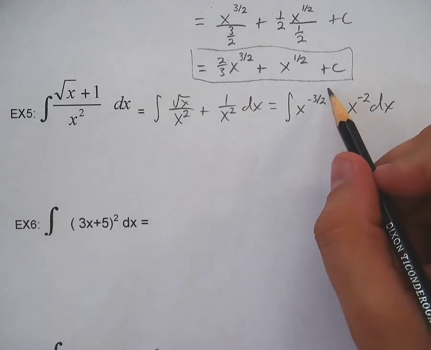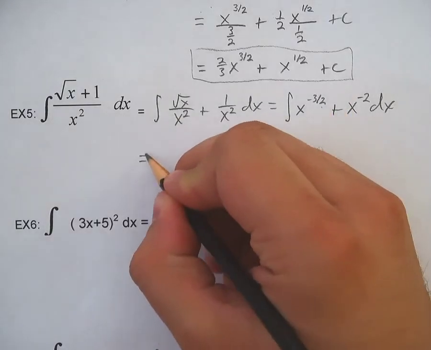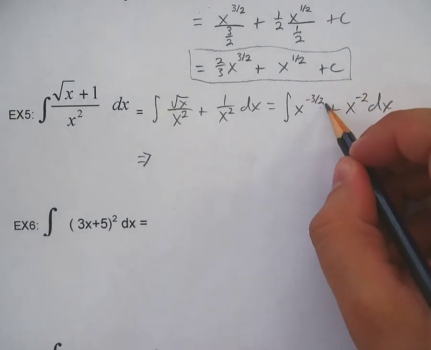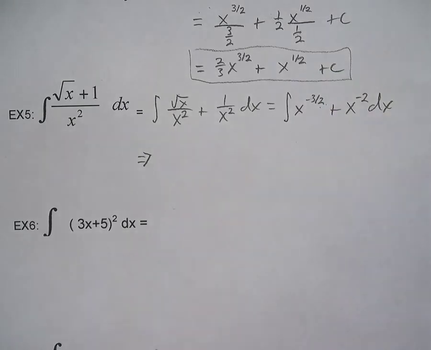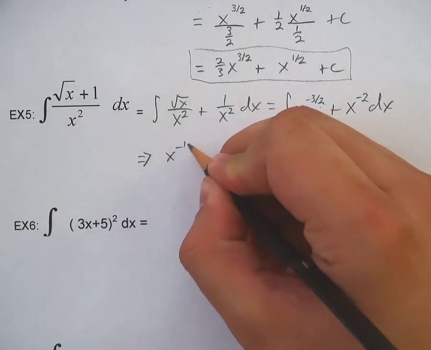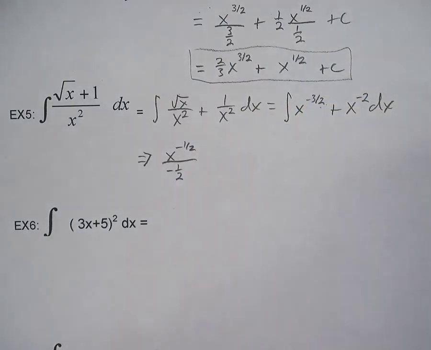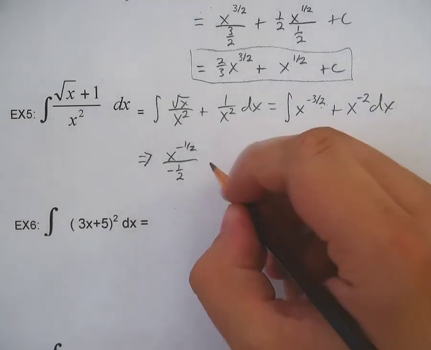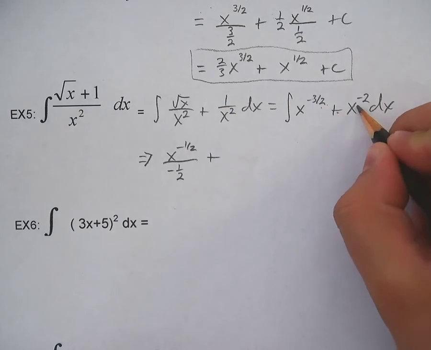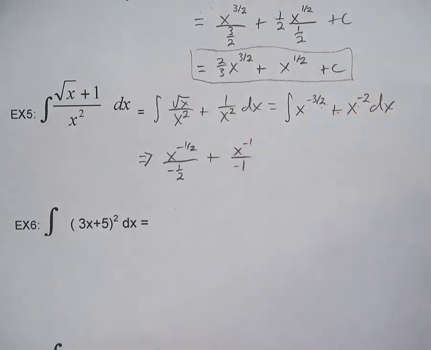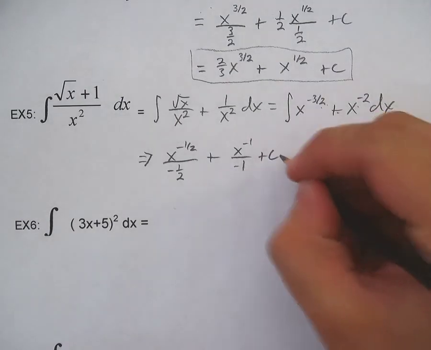If I add 1 to this, we've got negative 3 halves plus 1 will be a negative 1 half over negative 1 half. Okay. Again, we'll fix that. Plus, this will be x to the negative 1 over negative 1 plus c.